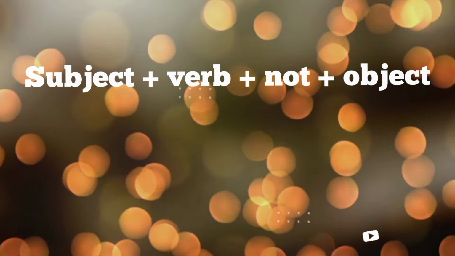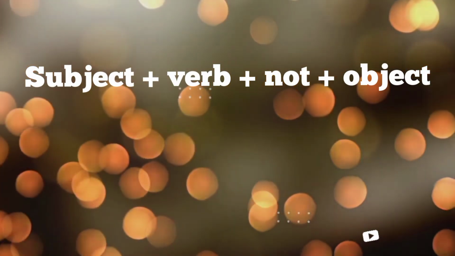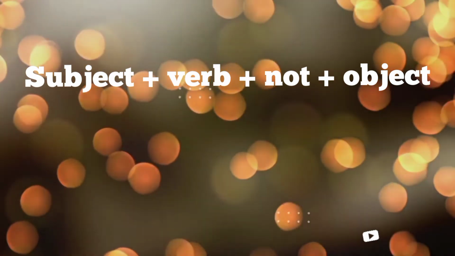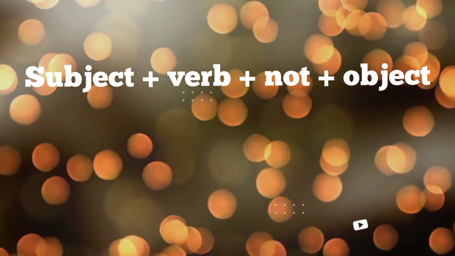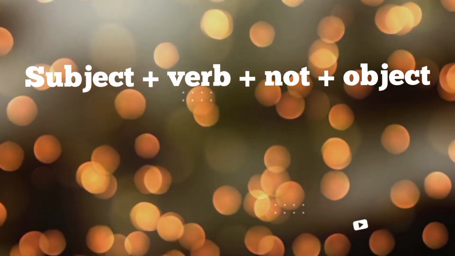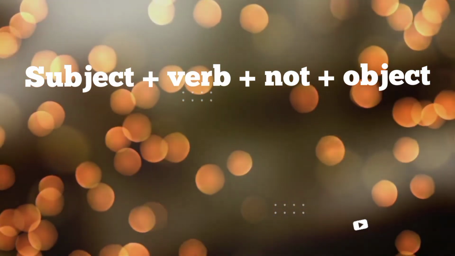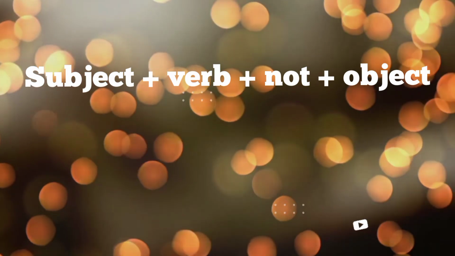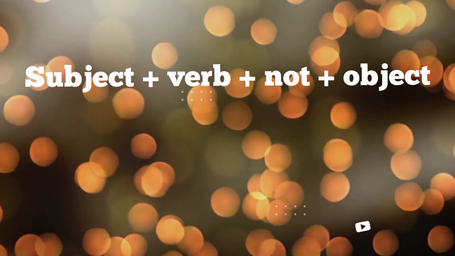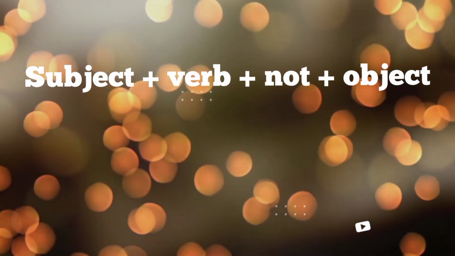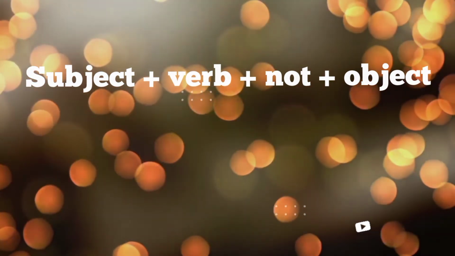Então, a nossa estrutura será subject plus verb plus not plus object. Isso significa o sujeito, pronome pessoal, depois temos o nosso verbo e temos o not, que vai determinar que a frase está na forma negativa. E depois temos o objeto.